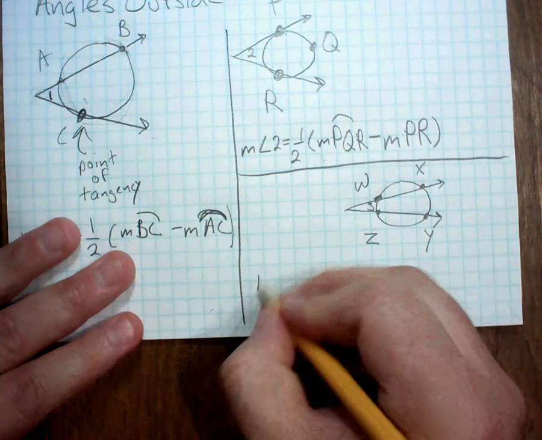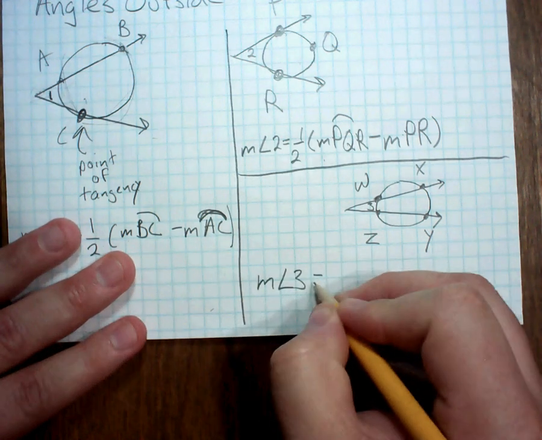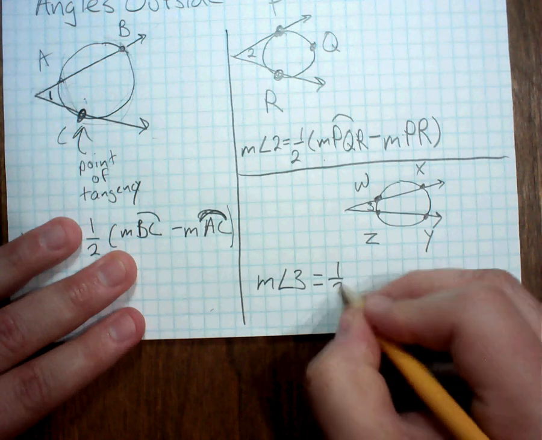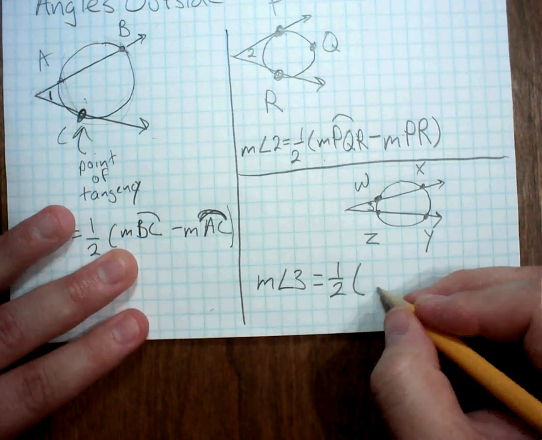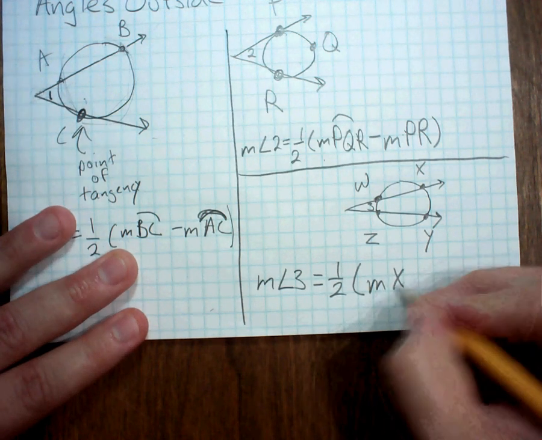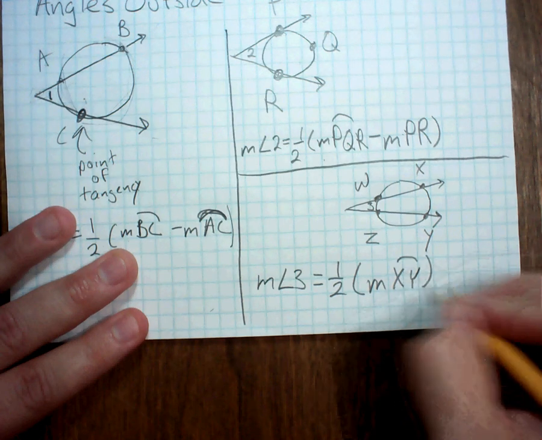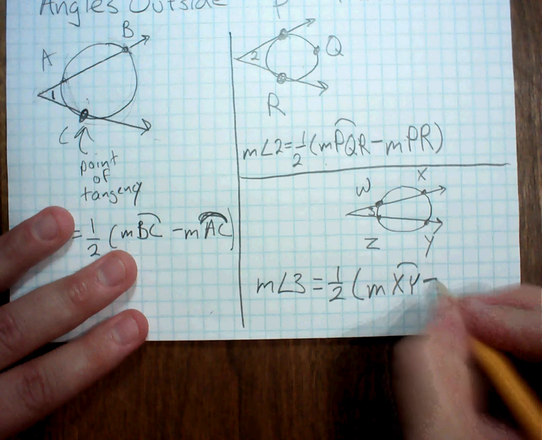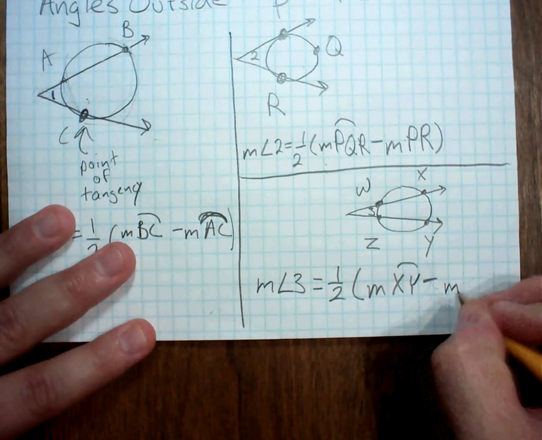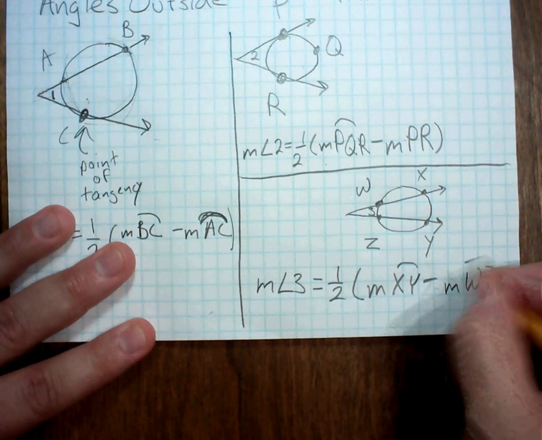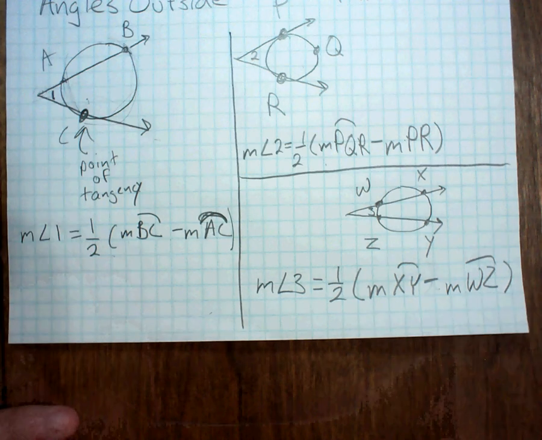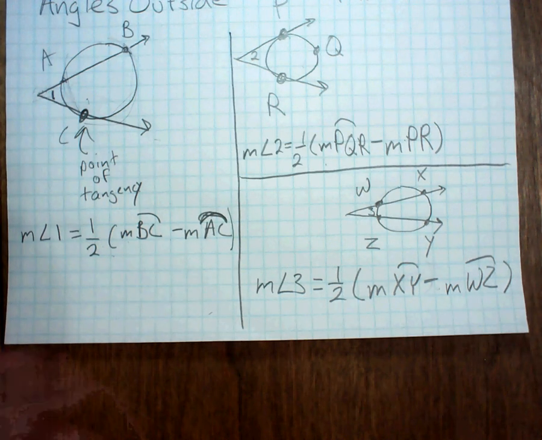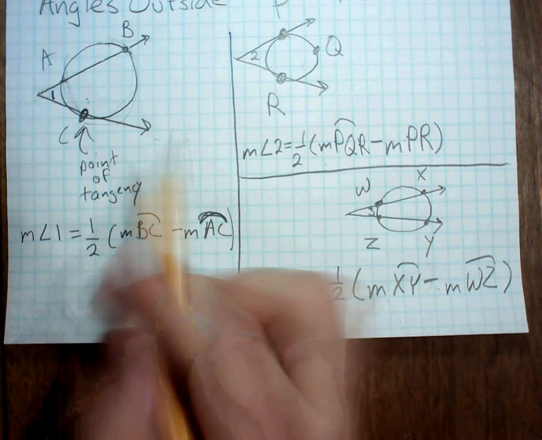So then in this scenario, the measure of angle 3 is equal to 1/2 times the measure of the arc XY, minus the measure of WZ, the arcs. Okay?